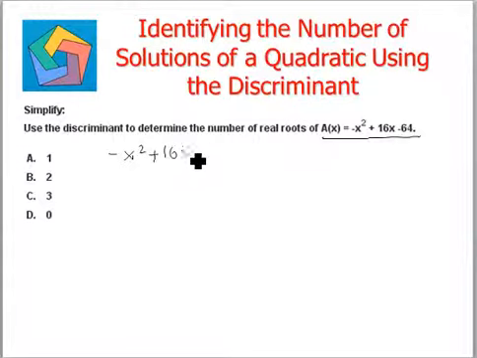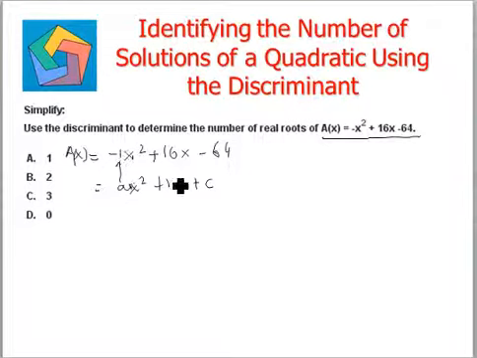We'll compare this equation with ax squared plus bx plus c. From here we find the value of a as negative 1, b as 16 and c as negative 64.